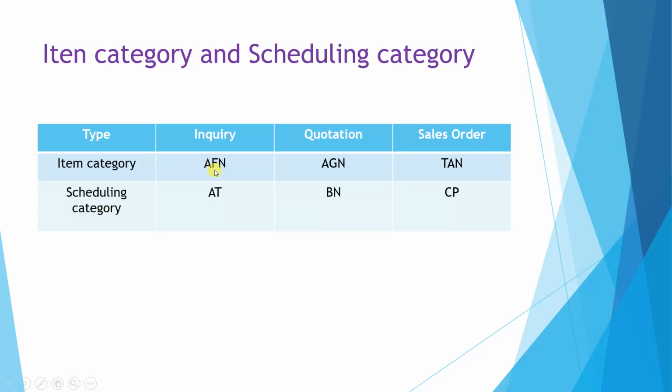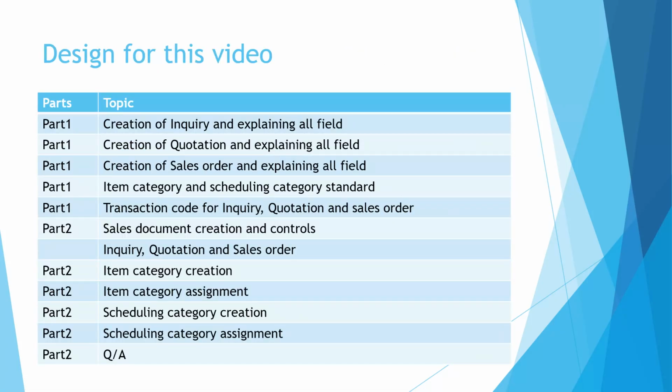Item category AFN for inquiry and schedule line category AT; item category AGN for quotation and schedule line category BN; and item category for sales order TAN, standard, and schedule line category CP. So this is very important. Please remember this.